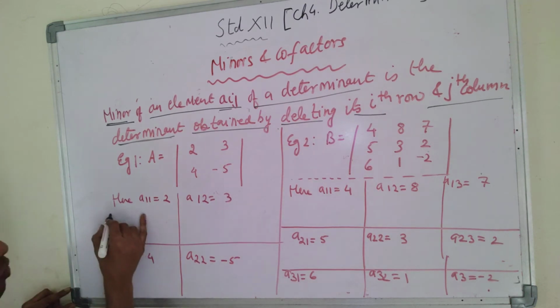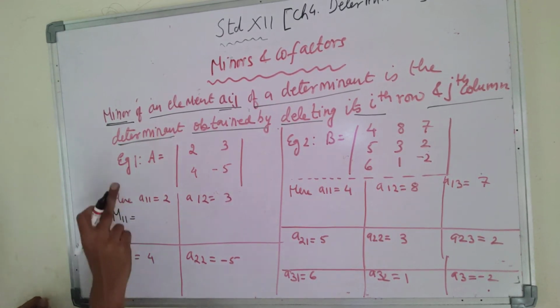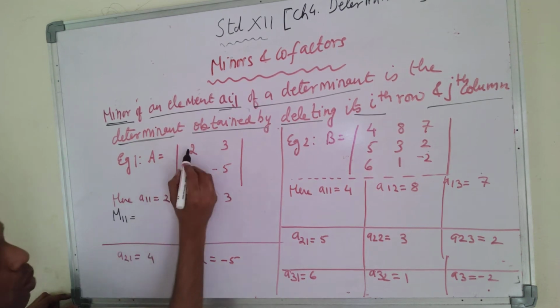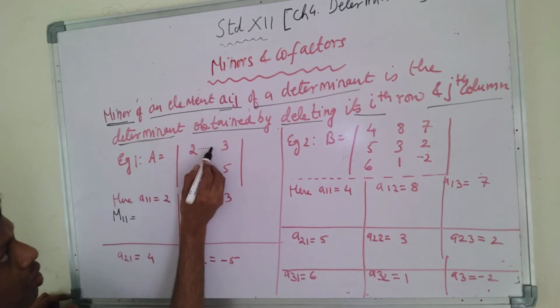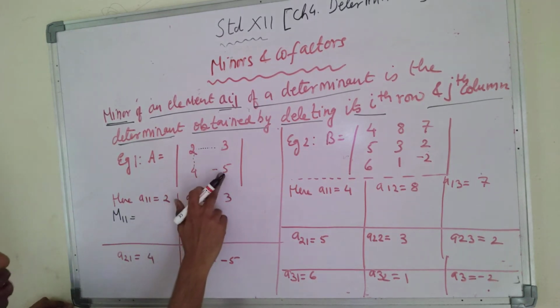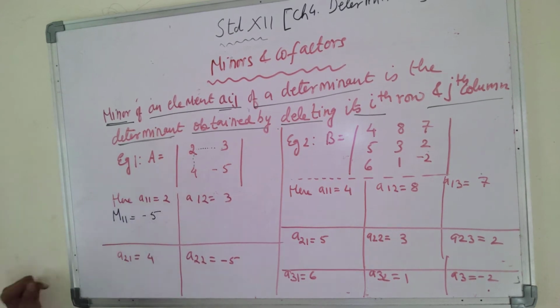Now if you are asked to find the minor M11, the minor is denoted by the capital letter M. So for M11 you have to hide 2, that row and column. What are you left with? Minus 5. So M11 will be minus 5.